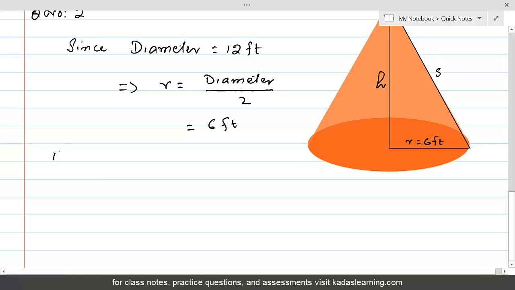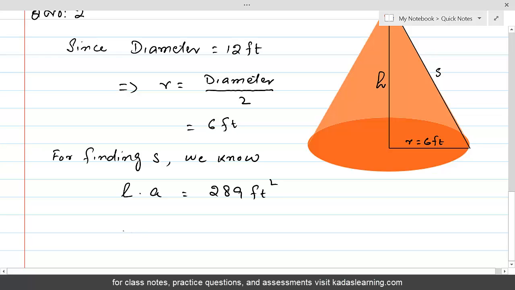For finding S, which is the slanting height, we know the lateral area is equal to 289 square feet. So we'll take advantage of this information, and that way we will be able to find out the slanting height. Once the slanting height is known, then h is easy to calculate.